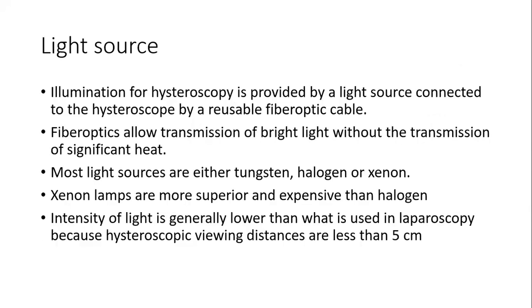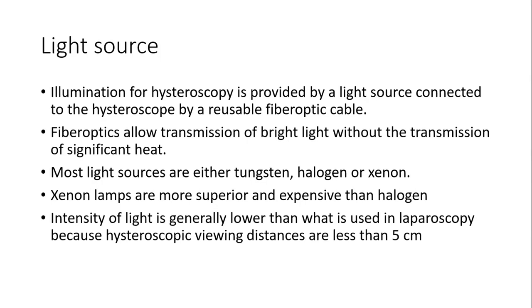Light sources are through reusable fiber optic cables, and the light source is either tungsten, halogen, or xenon. Xenon is superior in terms of less heat generation and better clarity.